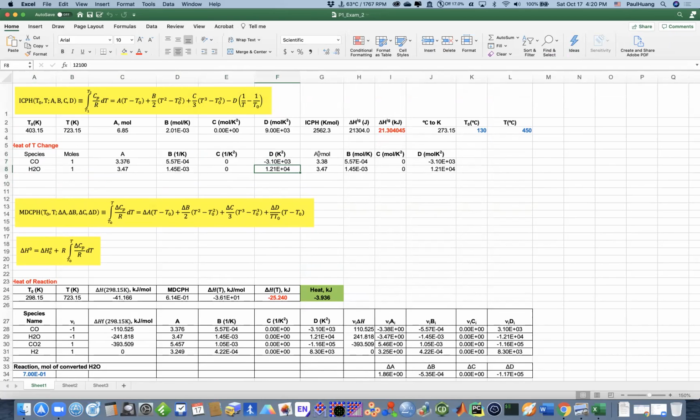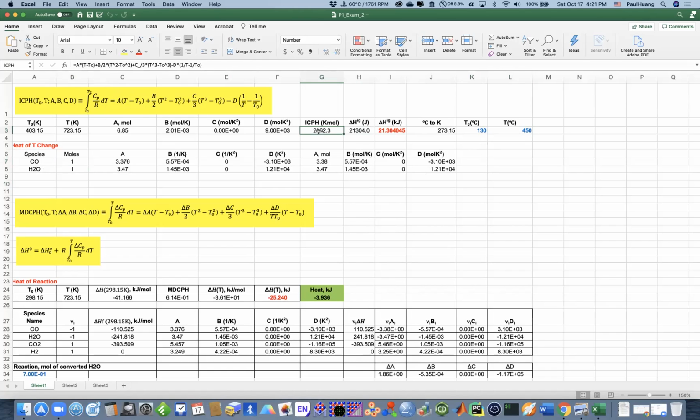So we have A, B, C, D values we put together, and I do the calculation based on 1 mole of initial CO and initial water. So here we bring the temperature from T naught, 130 degrees C, up to 450 degrees C. With those A, B, C, D coefficients, nothing special, we just utilize this equation.